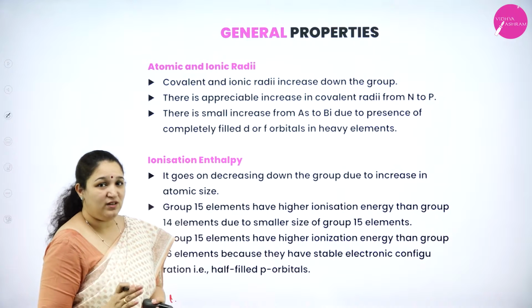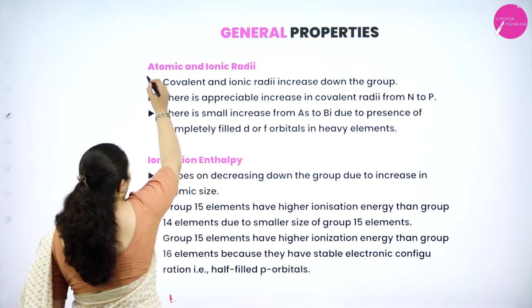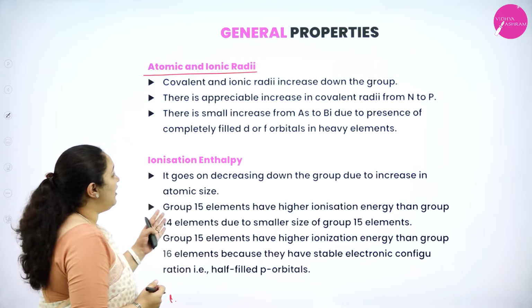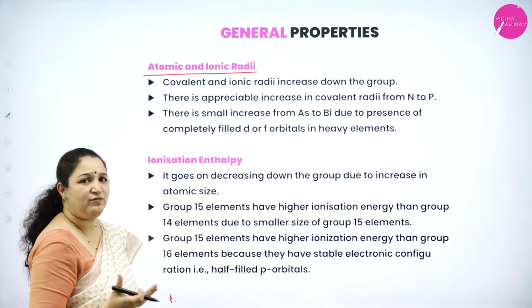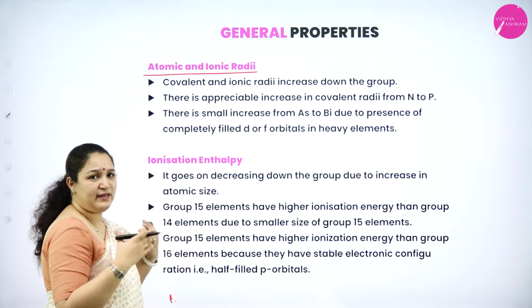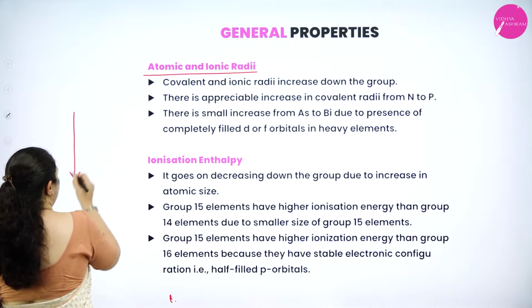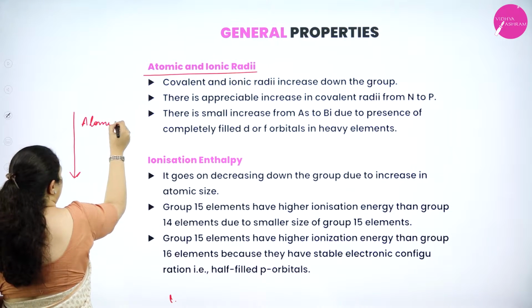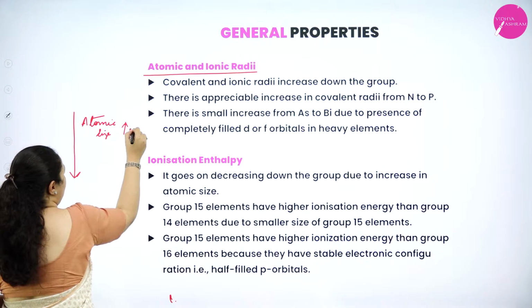So under general properties, first we will see atomic and ionic radii. Covalent and ionic radii increase down the group. This is general for every group in the periodic table. As we come down the group, the atomic size increases, correct?